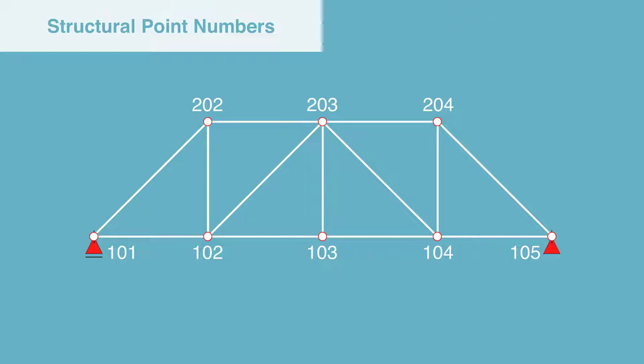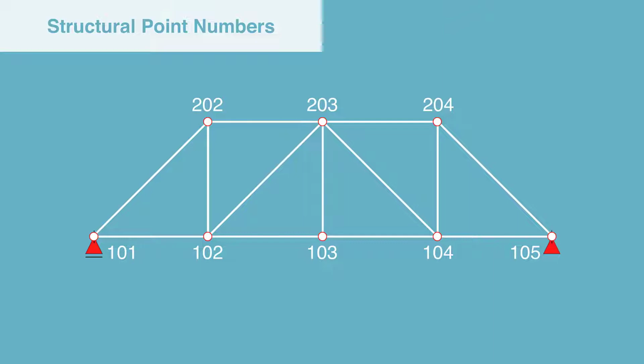So what I will do is create a couple of nodes, and those nodes have the numbers 101 to 105, just as an example over here. This could also be 107, 8, 9, whatever, and up to 199, because from 201 onwards, the top chord starts counting, so basically the joint nodes of the top chord.